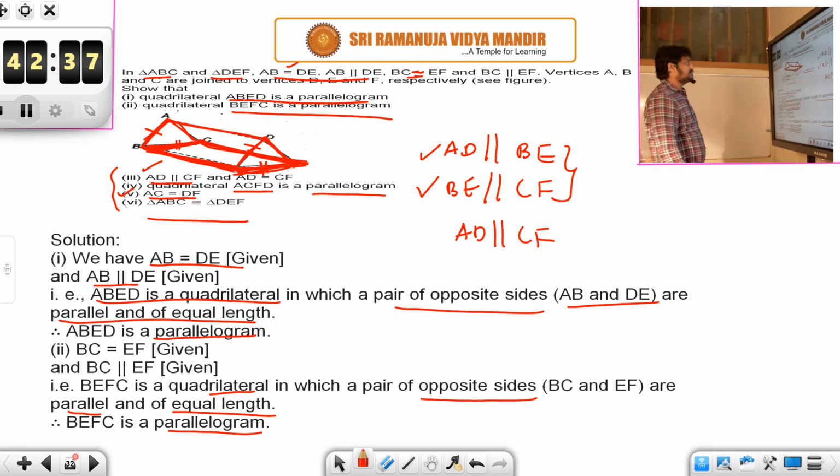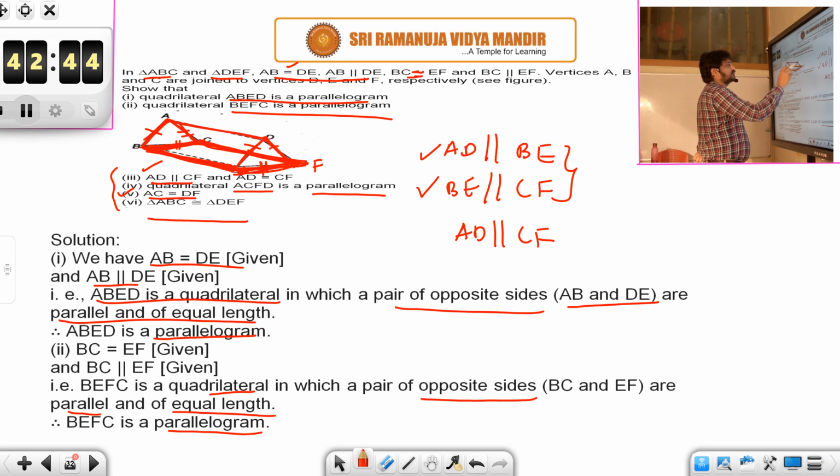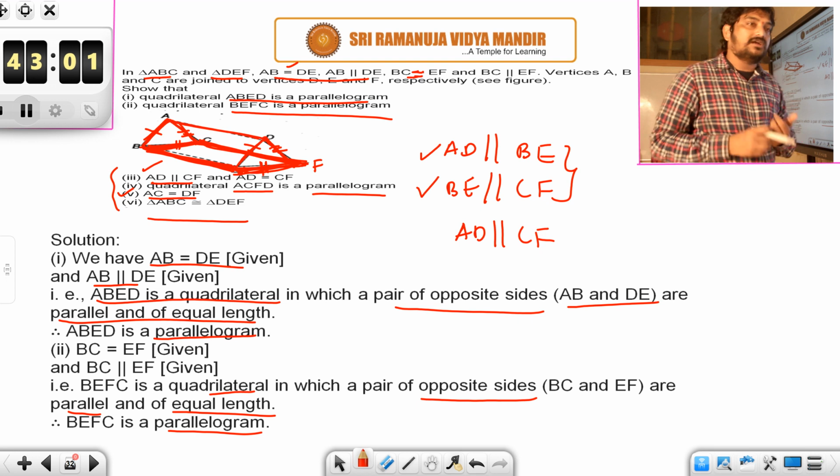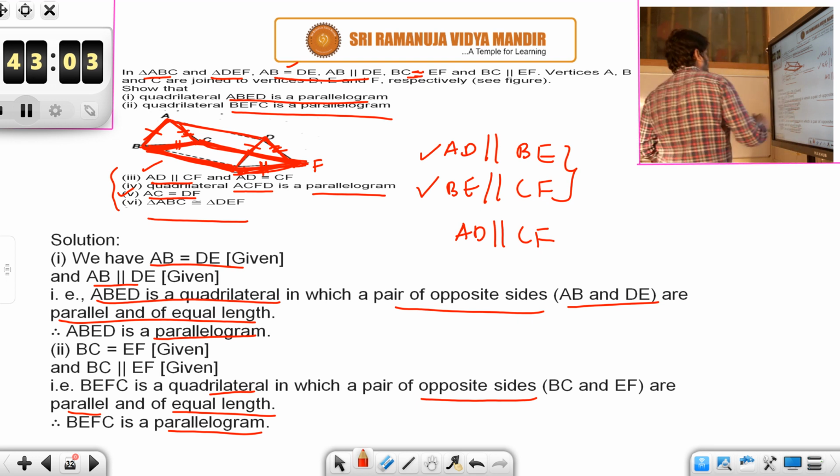And then similarly, consider parallelogram ACFD. AC will be equal to FD, because again opposite sides are of equal length. So now you could observe that all three sides of triangle ABC are equal to three corresponding sides of triangle DEF. So using the side congruency rule, you could conclude that triangle ABC is congruent to triangle DEF.